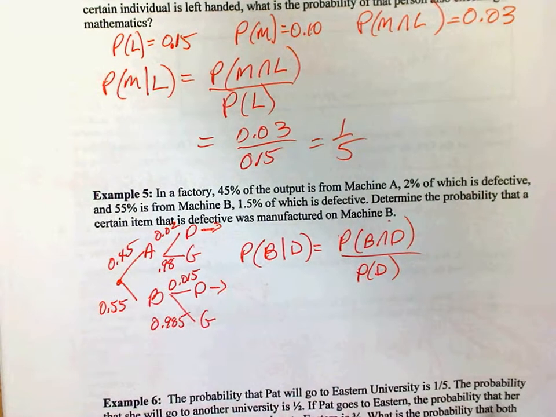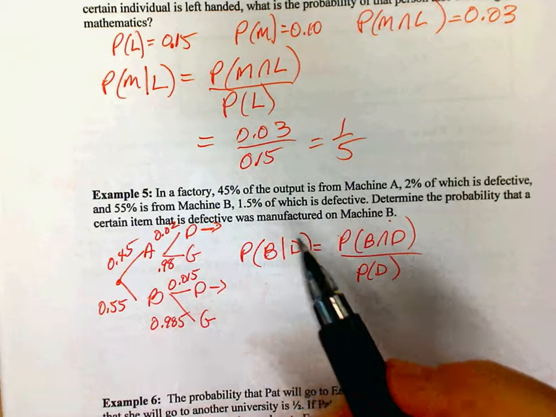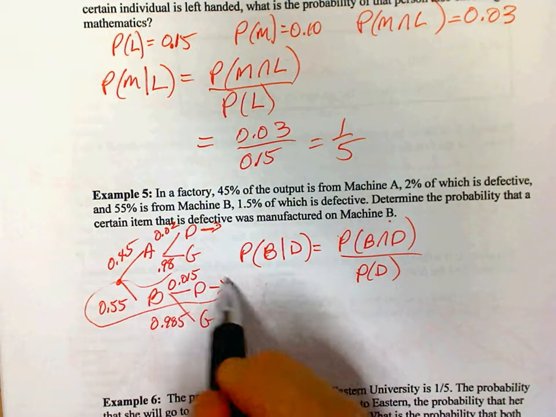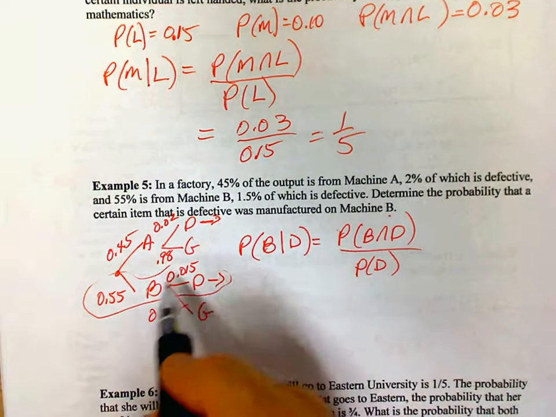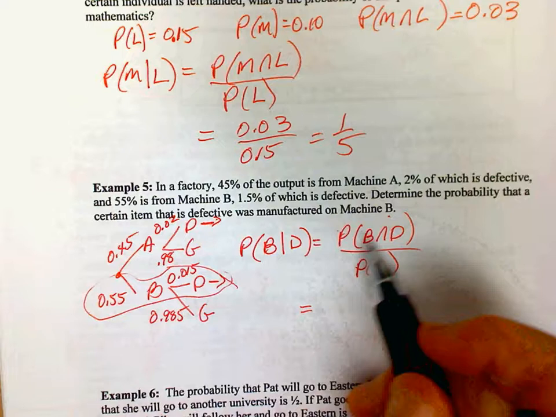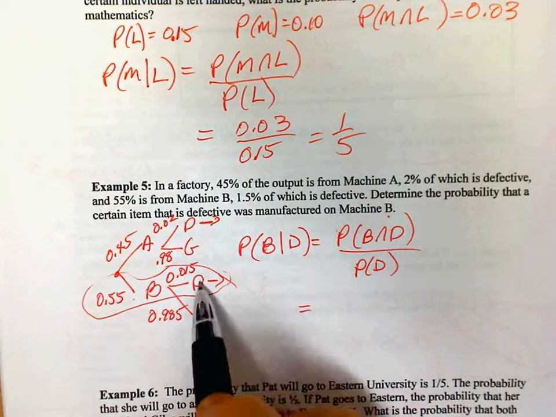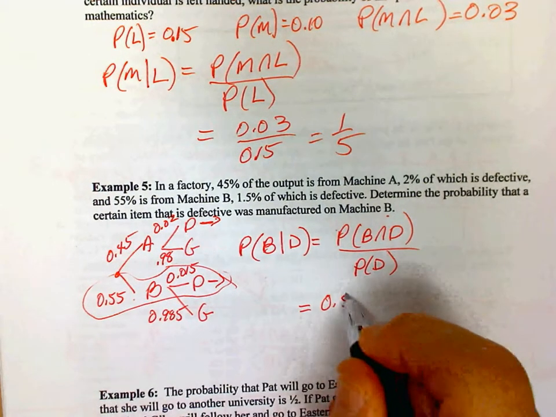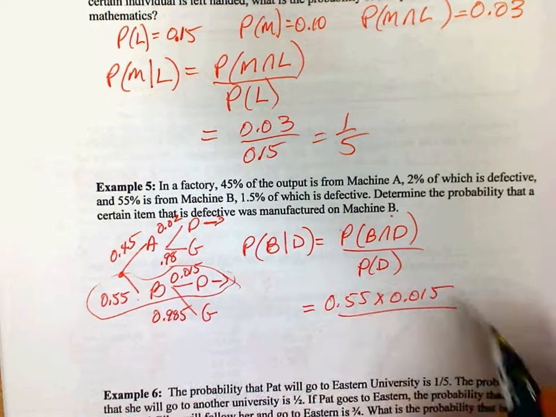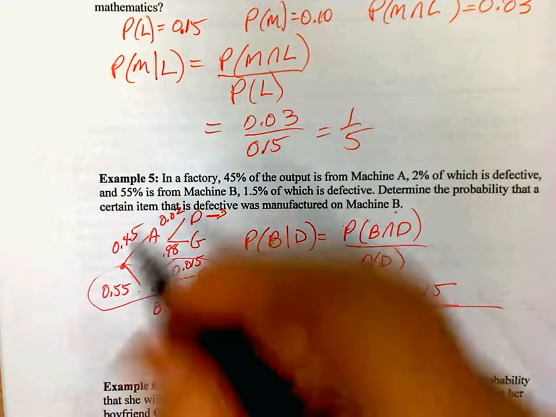And then the intersection will be here, right? That's our intersection between these two. So the probability of B intersection D is 0.55 times 0.015, and the probability it's defective we get from these two branches.